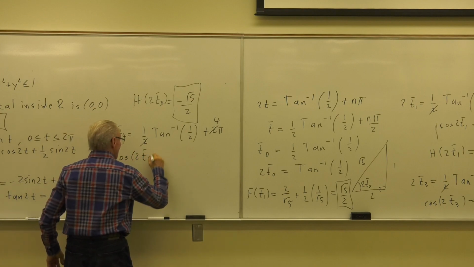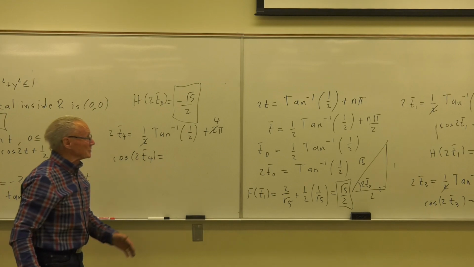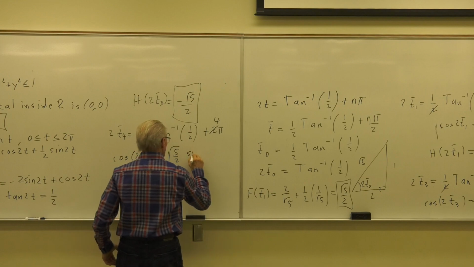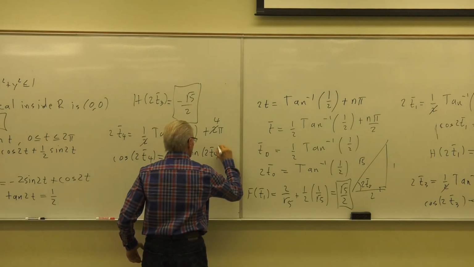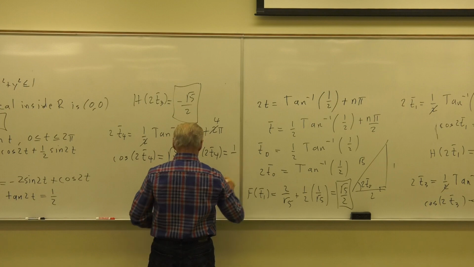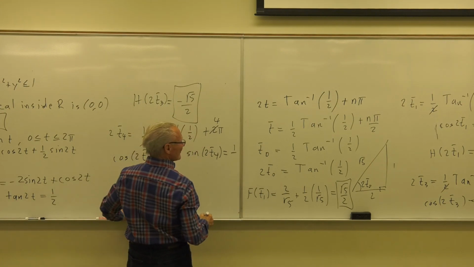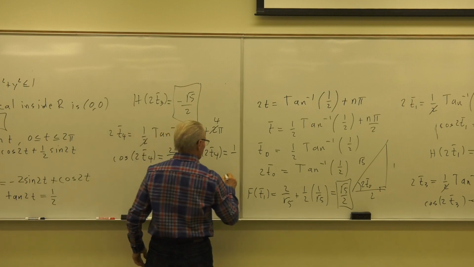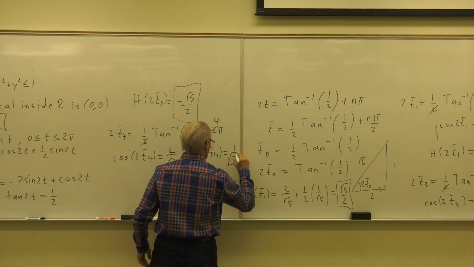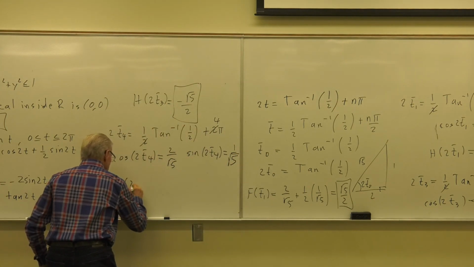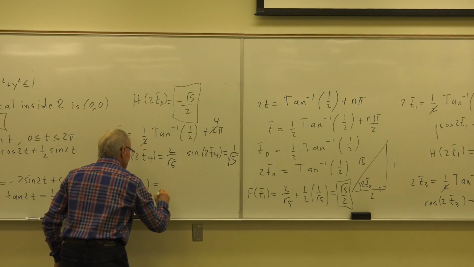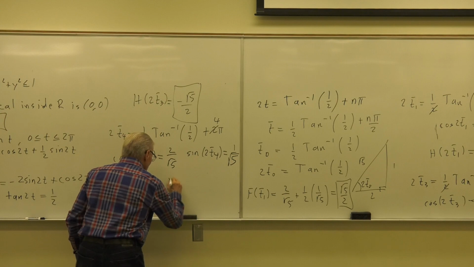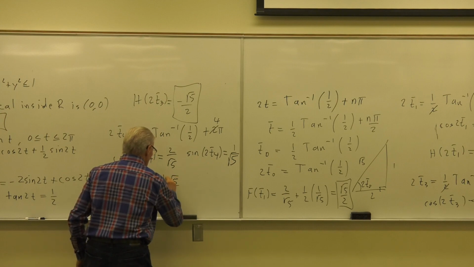Adding on 4 pi takes you back to the first quadrant values. The cosine of 2 t bar 4 is 2 over root 5, and the sine is 1 over root 5. And then finally, h at 2 t bar 4 is the same as the first one, root 5 over 2, in the box.